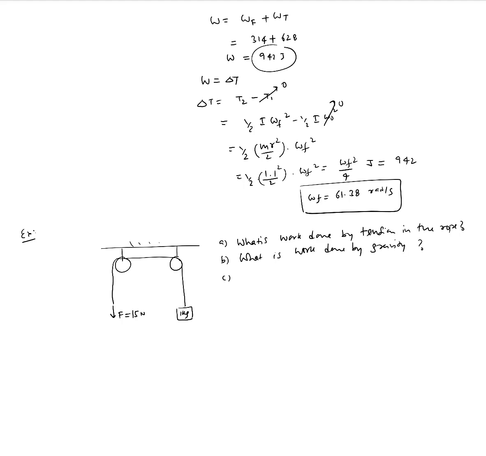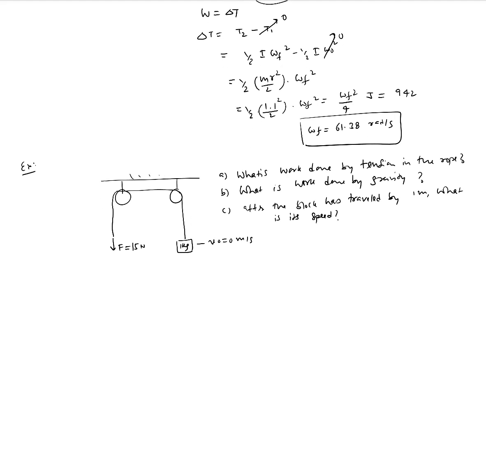And C, if this started with zero velocity, 0 meters per second, after the block has traveled, let's say, 1 meter, what is its speed? Okay, what's its speed? So those are the three questions we're trying to answer.